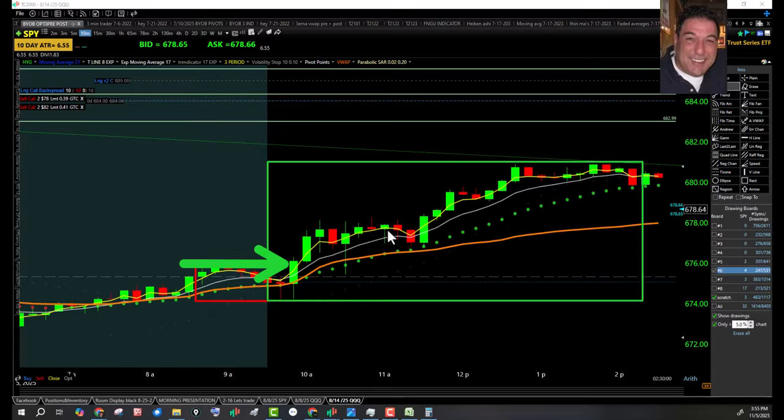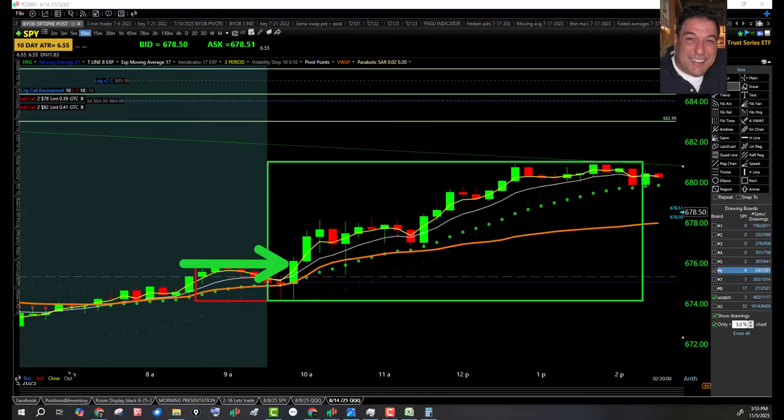If I see that, I have the assumption, and it's no guarantee, that they are committed to holding the higher high or the highs that they just made, and probably committed to going higher. Okay, so you can see on the 10-minute chart, it consolidated over to the right, and then guess what? Another breakout of green erases red right here.